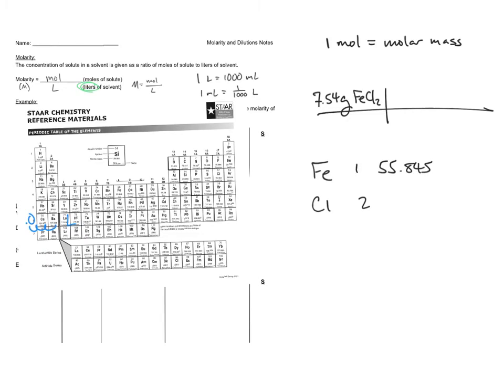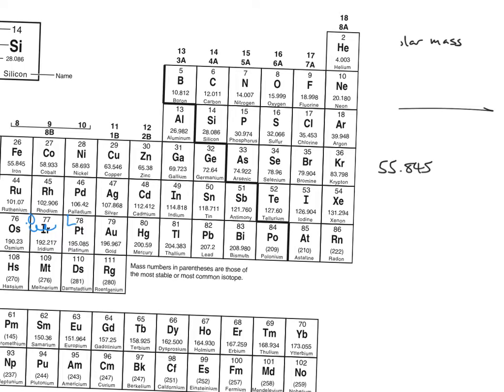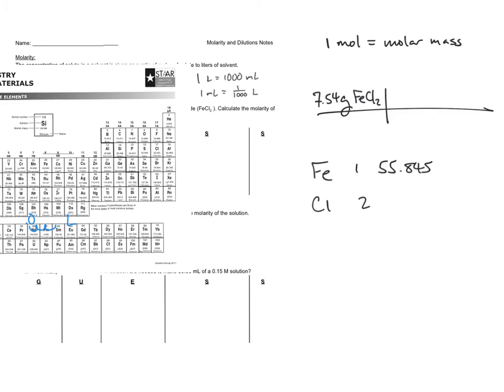So write that down: 55.845. And chlorine here is 35.453. Write that down. Right there. All right, now you got to do some quick maths to get your total molar mass.